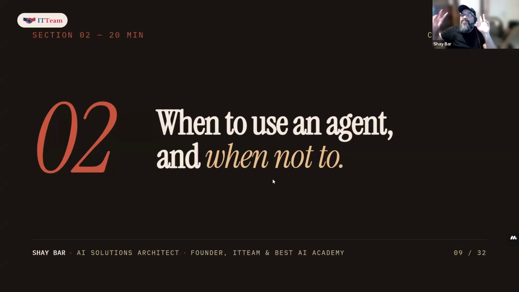So why should I use an AI agent? You don't have to run to create an AI agent, OpenClaw, just for the sake of having OpenClaw and ticking a small checkbox. No, you should create one if you need one.